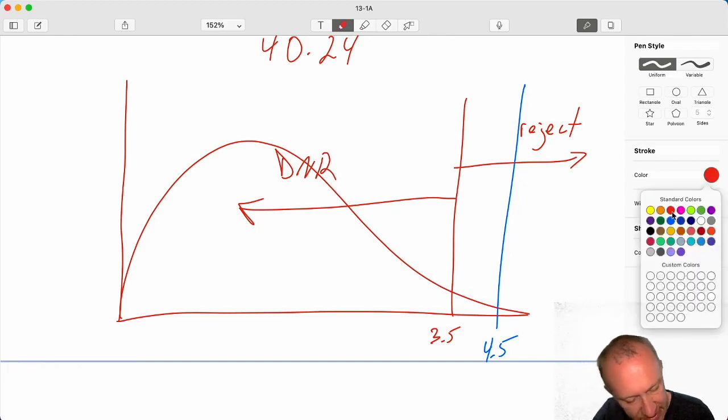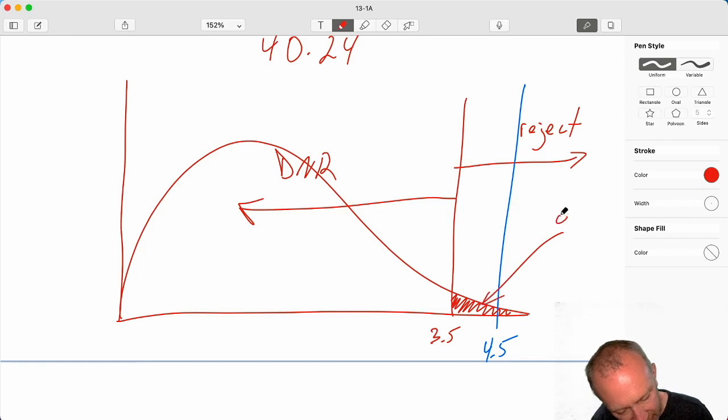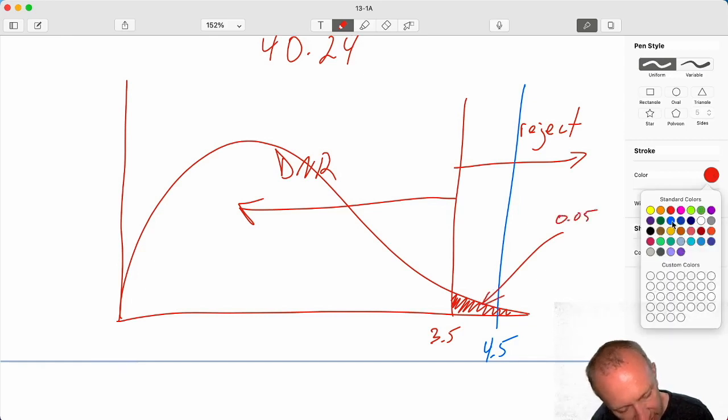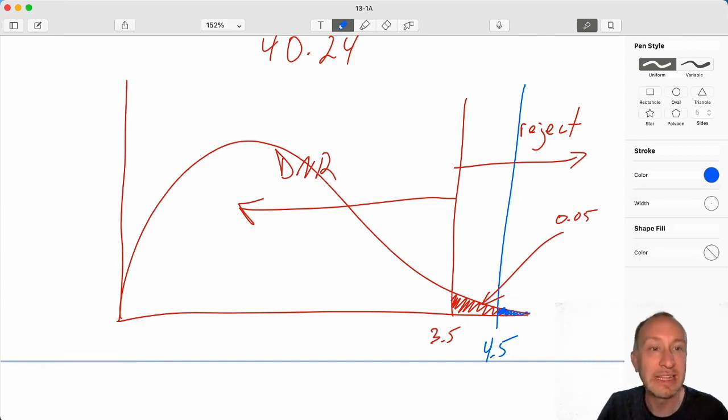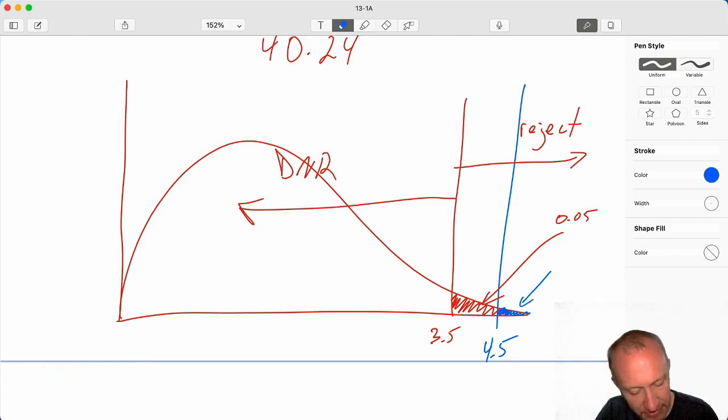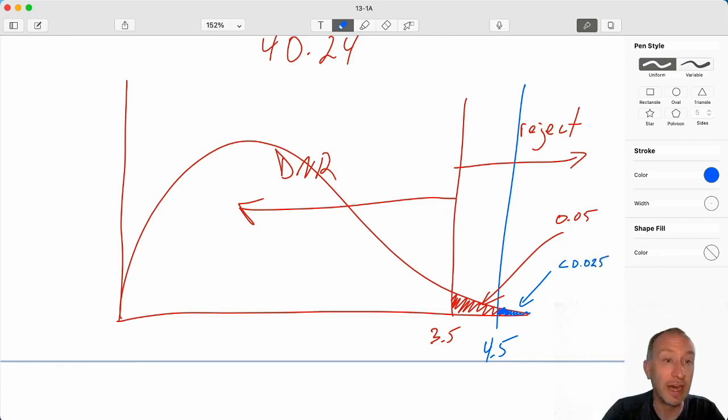We can see the area that corresponds to that critical value is 0.05. I can see clearly the upper tail probability that corresponds to my test statistic is certainly less than 0.05, and in fact, looking at the tables, it's even less than 0.025. So, as always, we get the same conclusion with both of these approaches.